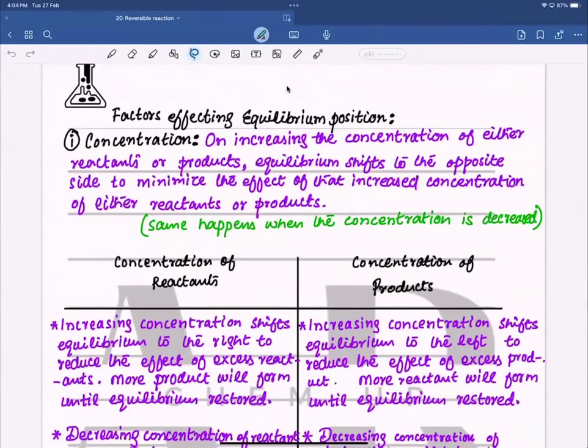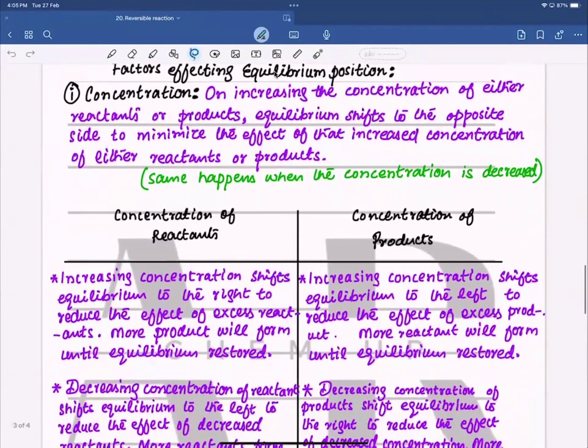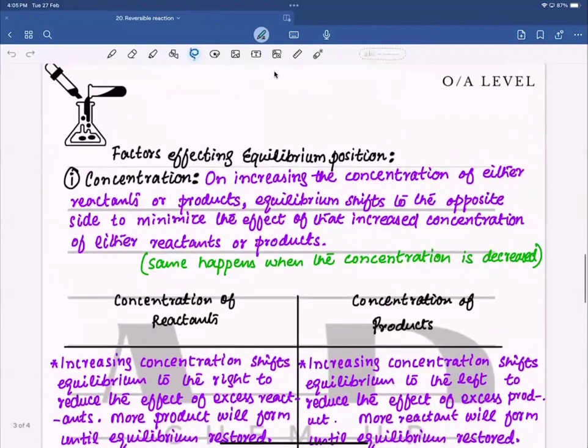We were doing reversible reactions. For example, there is a reaction in which these reactants are converting into a product C. When the equilibrium is established, what does that mean?